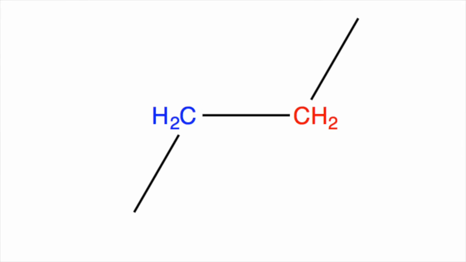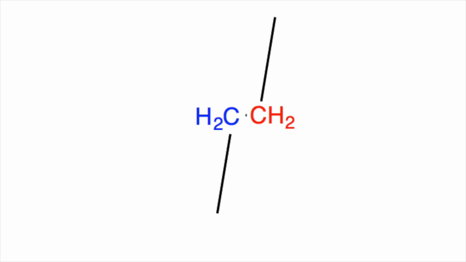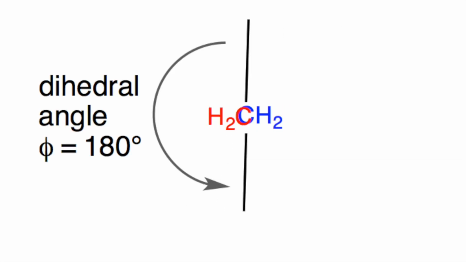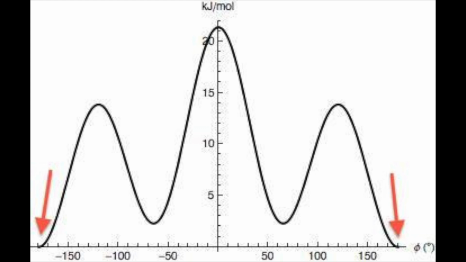The apparent flexibility of the lipid tails at the higher temperature comes from rotations around the carbon-carbon single bonds. This rotation is quantified by dihedral angle, which is defined as being at 180 degrees when the neighboring carbon-carbon bonds are rotated a half turn away from each other. For a saturated alkane chain, this conformation has the lowest energy and so is most stable.